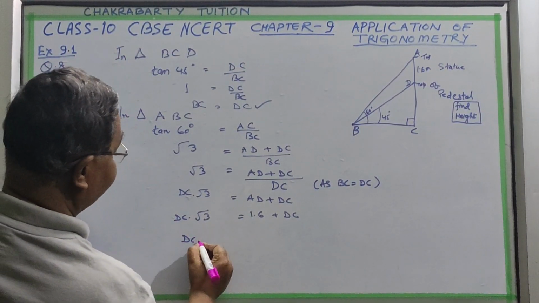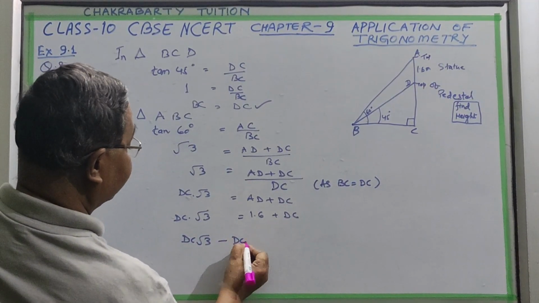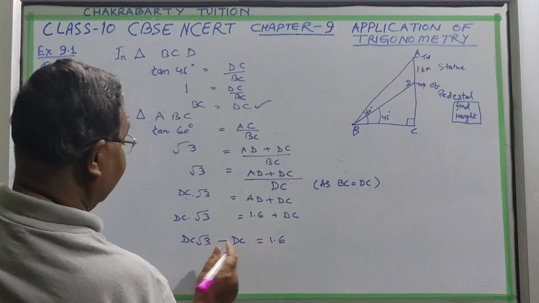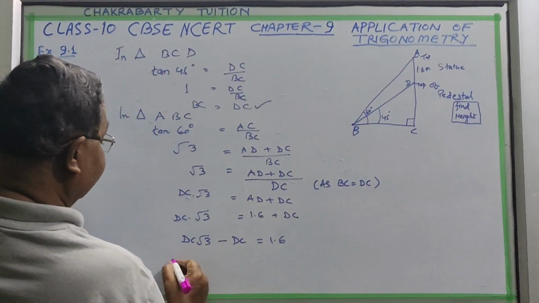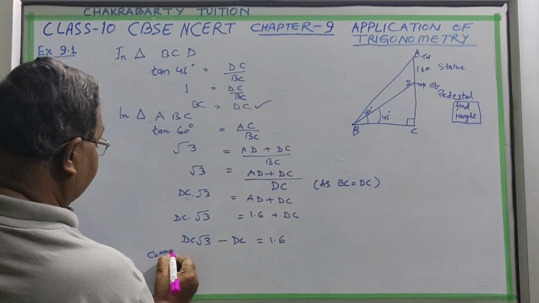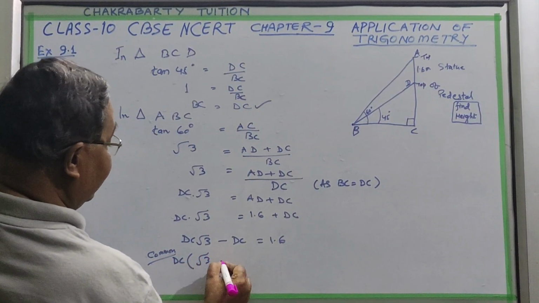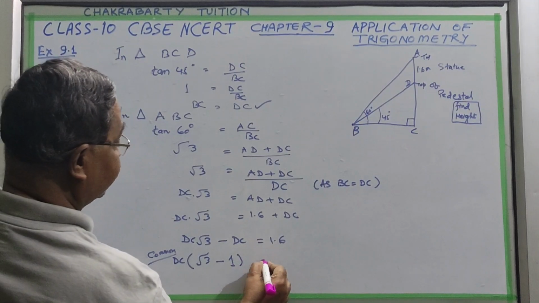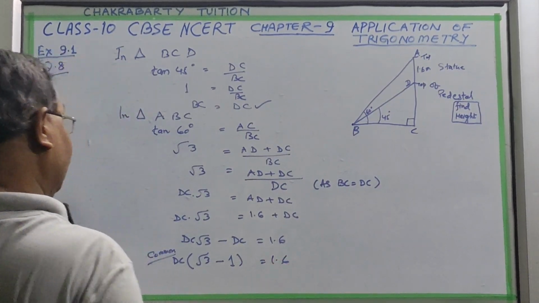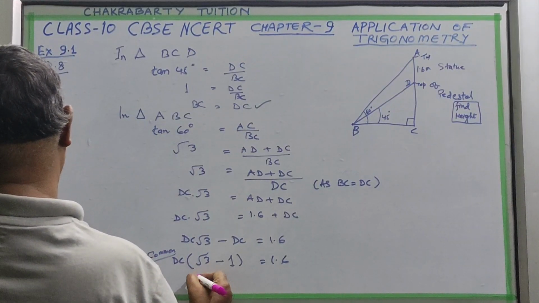So DC under root 3, this DC we are taking to this side, minus DC is equal to 1.6. Now here again, DC we can take as common. What will remain? Under root 3 minus 1 will remain, is equal to 1.6. Okay.